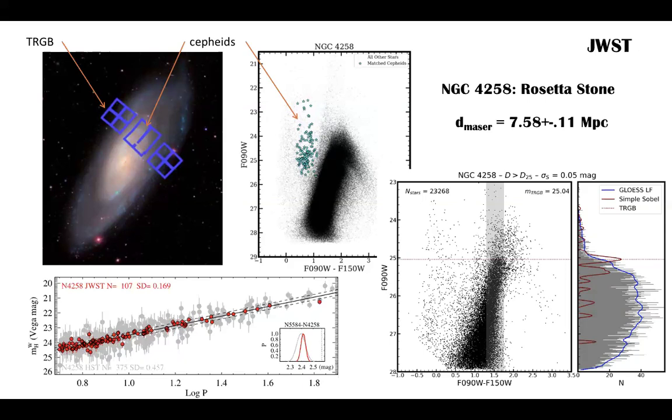So here's the color magnitude diagram restricted to these outermost regions where we get a good measure of the tip of the red giant branch. And here's where Cepheids lie in the inner part and get this beautiful Cepheid period luminosity relationship. So all of these things are coming together with this one galaxy, assuming for the moment here, this maser distance to NGC 4258.